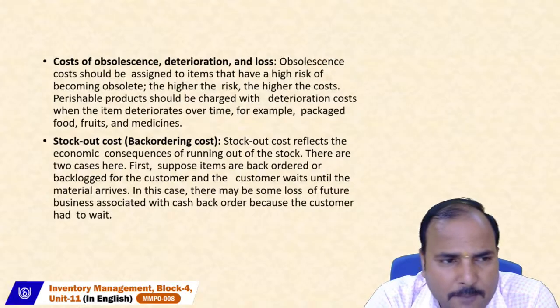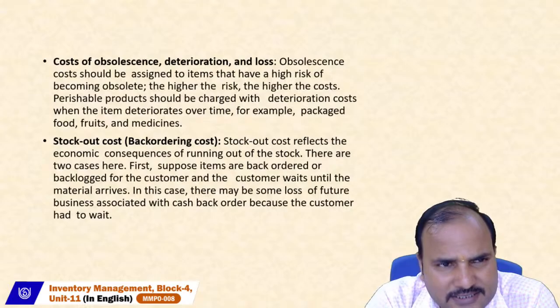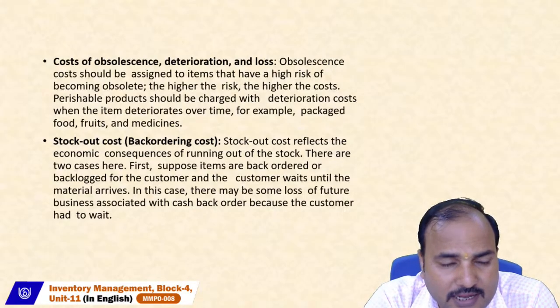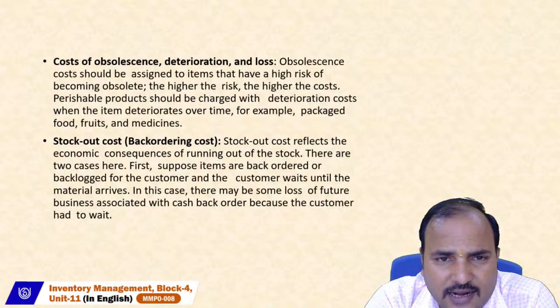For example, packaged foods, fruits, and medicines, because they can become obsolete after some period. So there are some costs involved in this, that is known as your cost of obsolescence, deterioration, and loss.